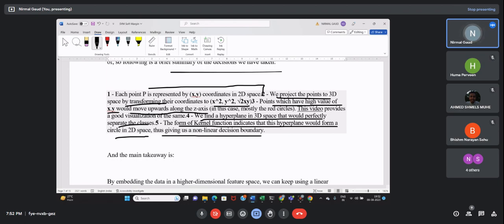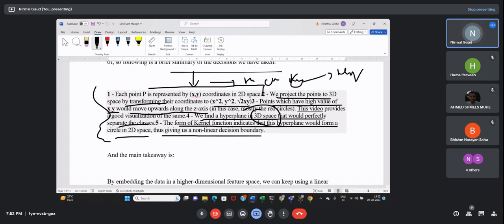These are the summary points. Consider the data points, take them as a vector, calculate the dot product of it according to the transformation function, and shift the points according to the transformation. That's what we have to do from 2D to 3D: the representation of 2D points as 3D points.